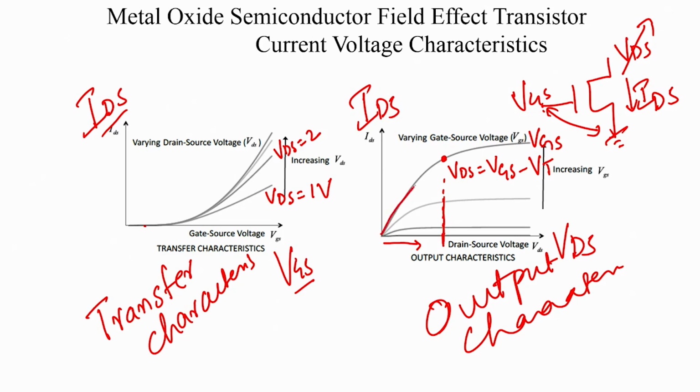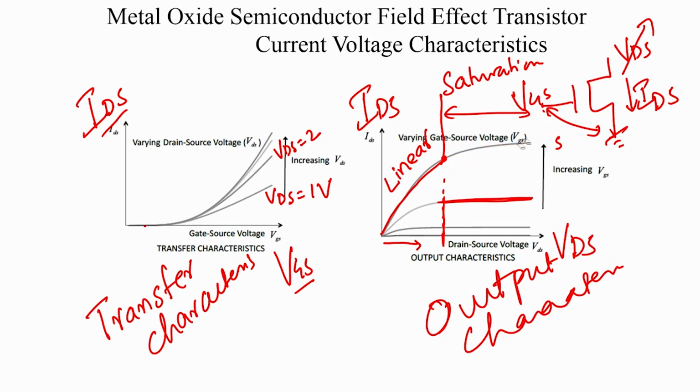So, till here the MOSFET is in the linear mode of operation, and beyond this point the MOSFET enters a saturation mode of operation. You can see that in saturation the VDS does not change the current a lot, the current is more or less constant, but still because of channel length modulation there is some small increase in the current.